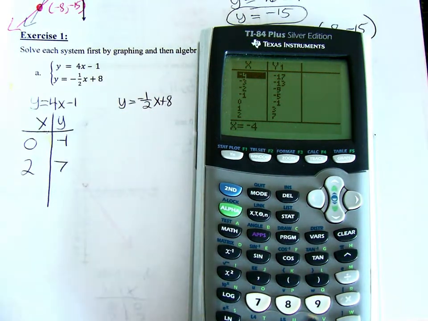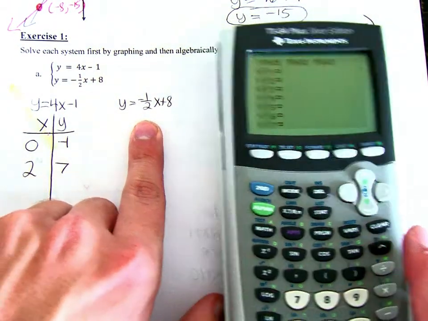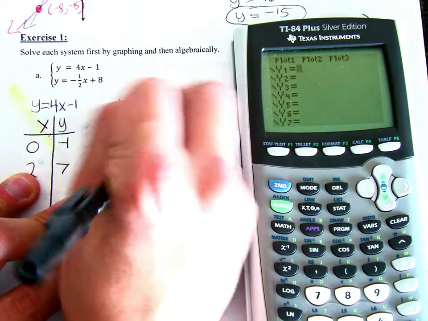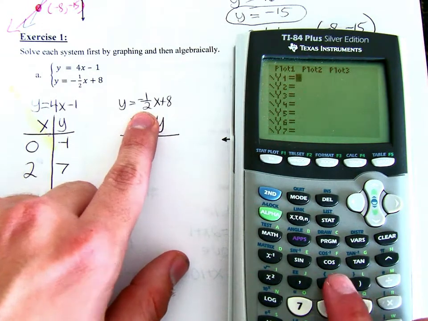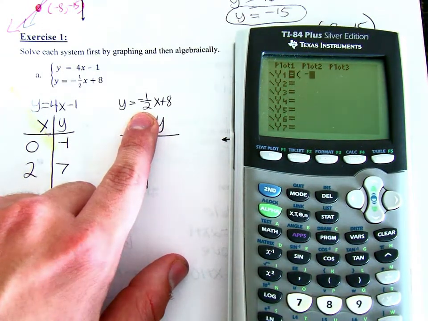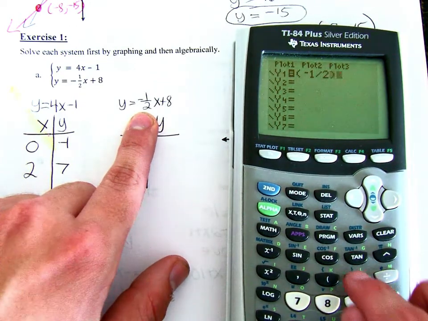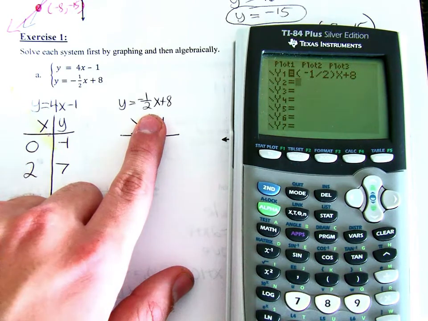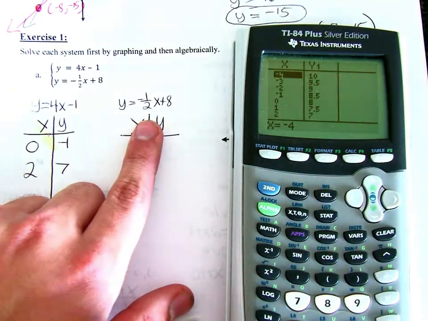Okay. Then I'm going to go back and I'm going to type in the second one so I can get my table of values for my second equation. So now I cleared that one out. I'm going to type this in. But remember, when I'm typing in fractions, I have to put them in parentheses. -1/2 x plus 8. Then I'm going to go to second table, and that gives me my table of values.